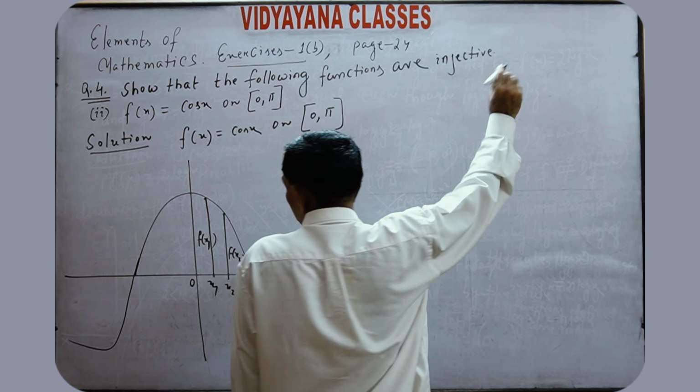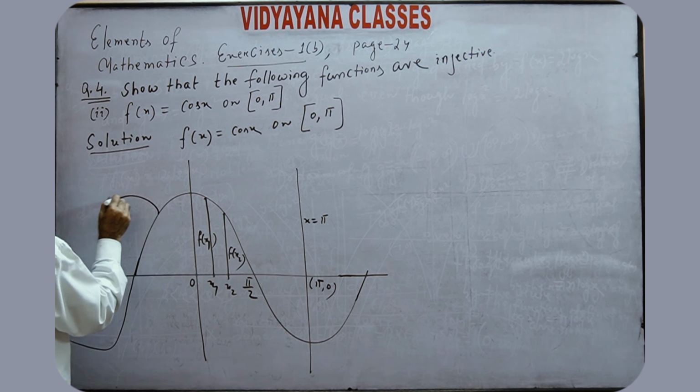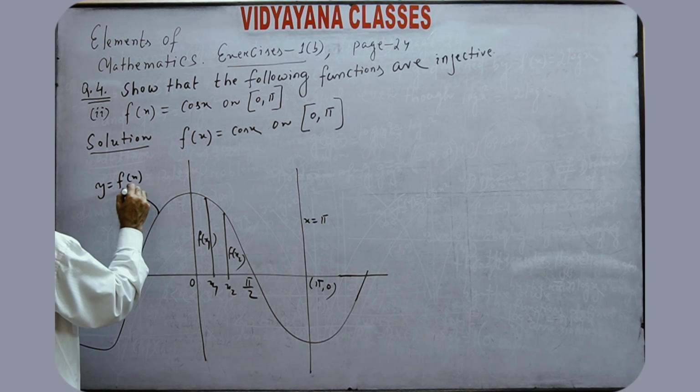By the definition, this is the graph of y = f(x) = cos x.